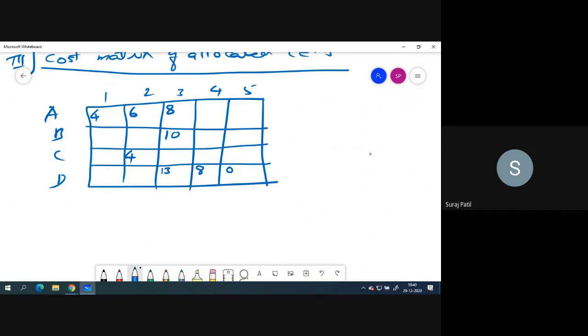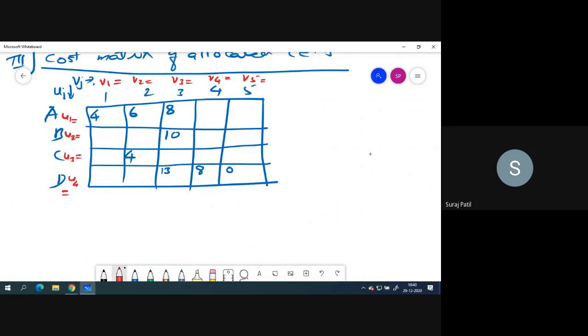So now I'll calculate U and V's, Ui onwards, Vj with this. I'll calculate V1, V2, V3, V4, V5, and here U1, U2, U3, U4.